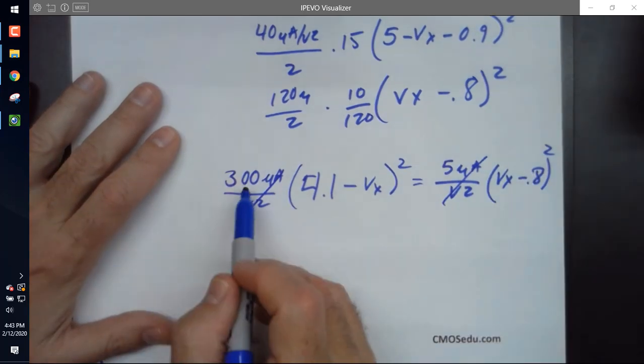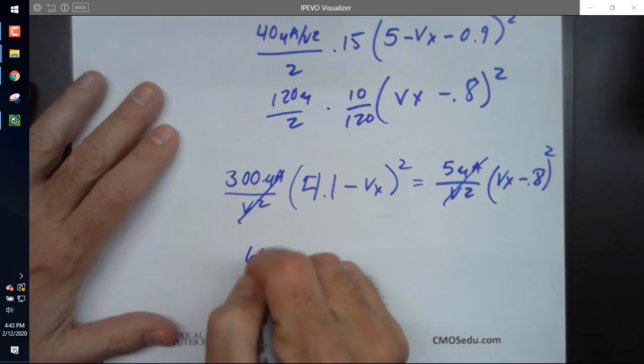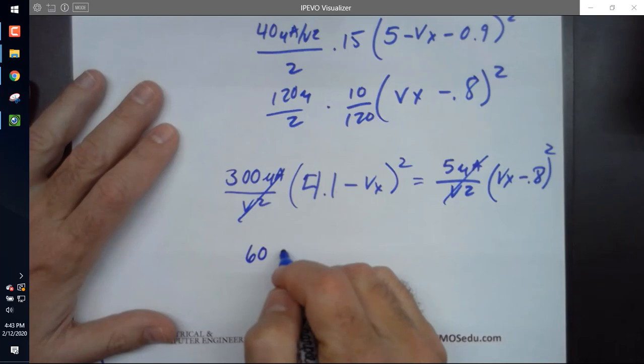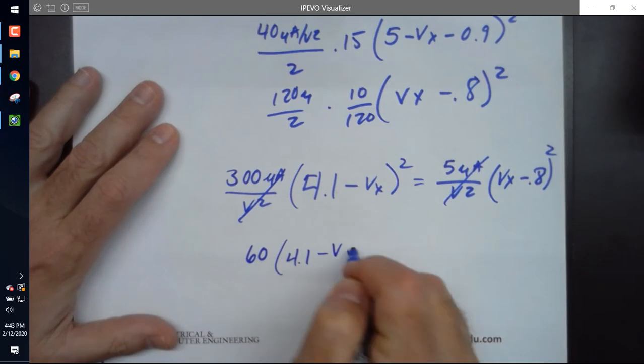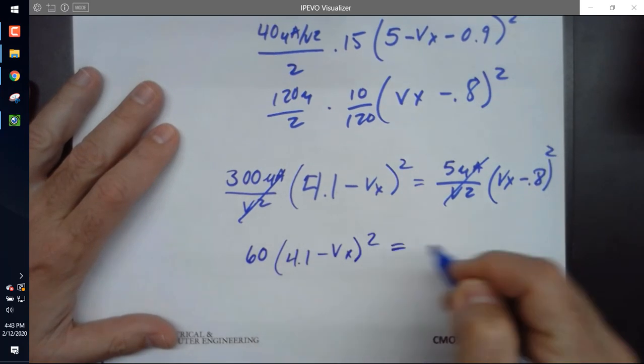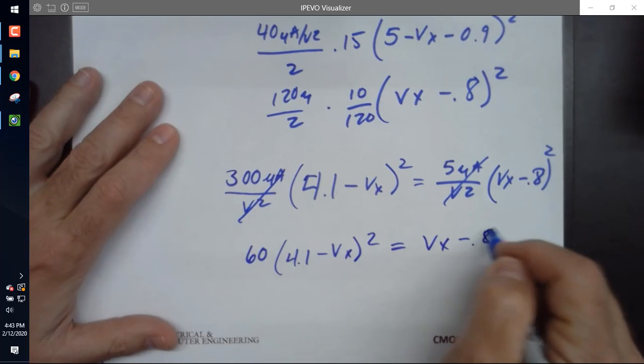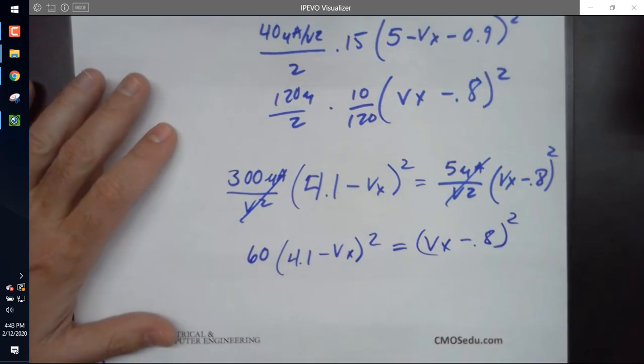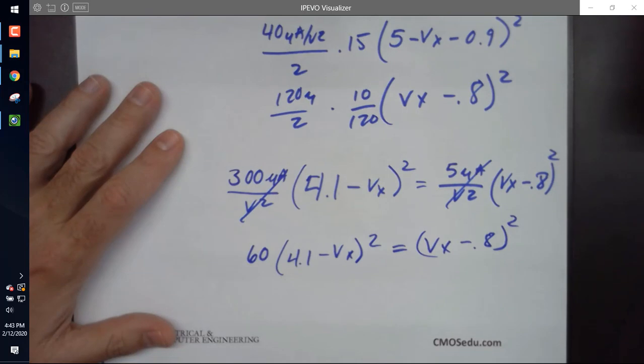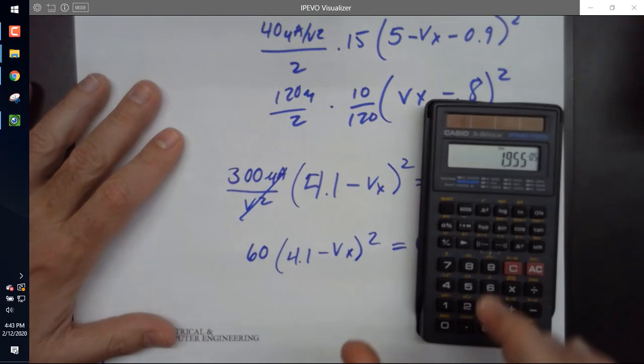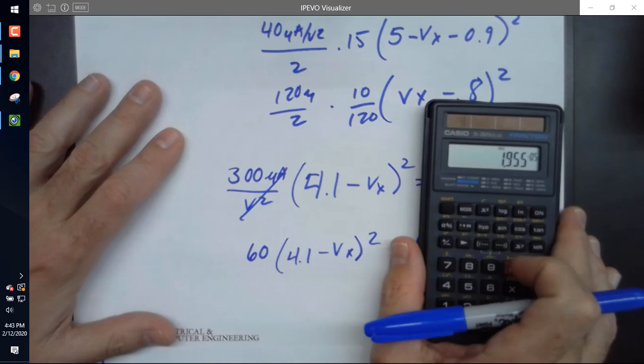300 divided by 5 is 60. So 60 times 4.1 minus Vx squared equals Vx minus 0.8 squared. Take the square root of both sides. I would guess 60 has the square root of 7.7.